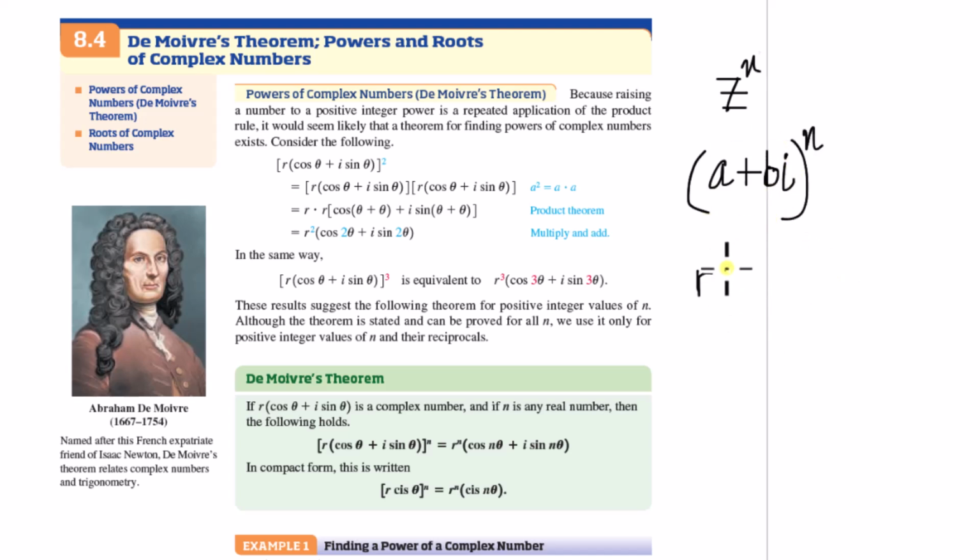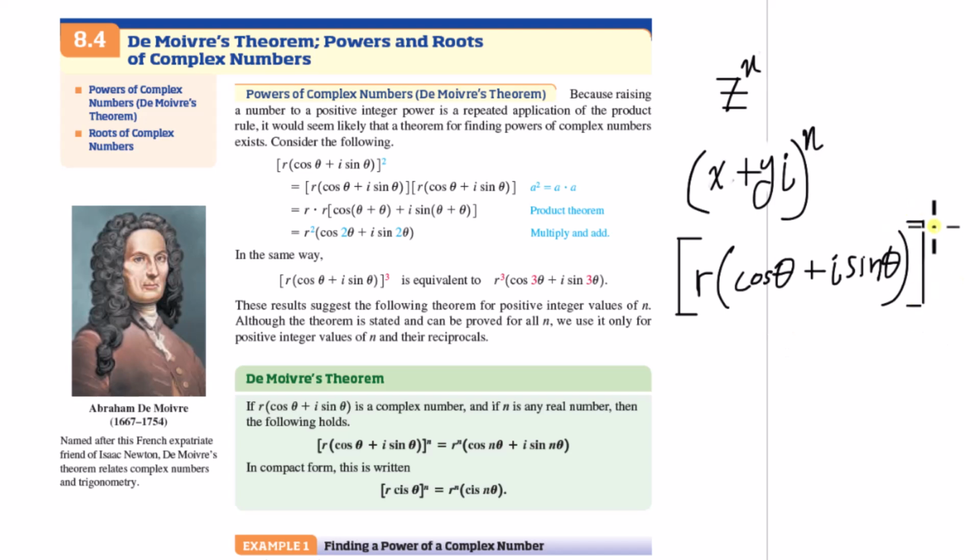So you'd have r times cosine theta plus i sine theta. And we know how to find the r and the theta. If we know this a and b, this would be like x and y in rectangular form. But a plus bi is the same thing, it's just easier to see the rectangular versus the polar form with the x and y. Okay, but now this is to the nth power.